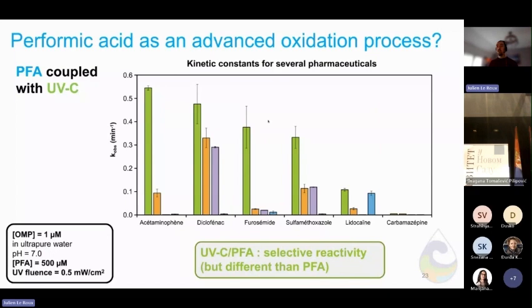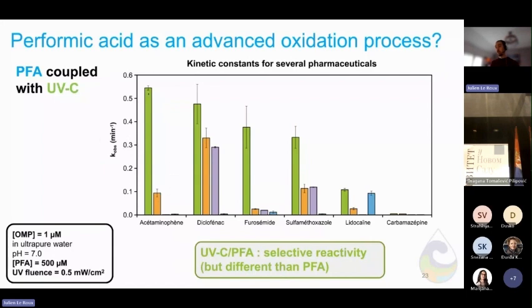After we found out that PFA, performic acid, was not really reactive, we asked ourselves if we could make it more reactive, for example, by coupling it with photolysis with UV to form radicals. And we performed several experiments, again, kinetic experiments with molecules.